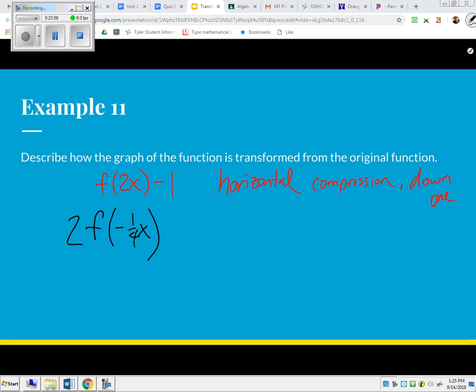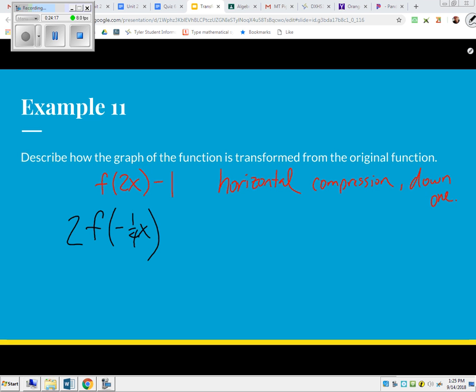Again, let's start on the inside. What's something you see on the inside, Parker? Negative 1/4. We need to break that apart. You want to do the negative, you want to do the 1/4? Let's do the negative. Okay, the negative's on the inside, so which way is this going to be reflected? It's going to be reflected horizontally, left and right, over the y-axis.